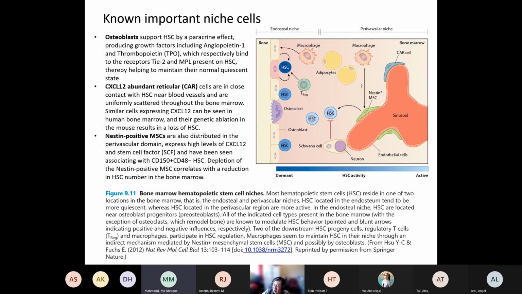If you use a genetic method to knock out the CXCL12 gene, you're going to have a loss of HSC. What that means is the interaction between CAR cells and the hematopoietic stem cells is important, because if you disrupt that interaction, you have a loss of the number of HSC.